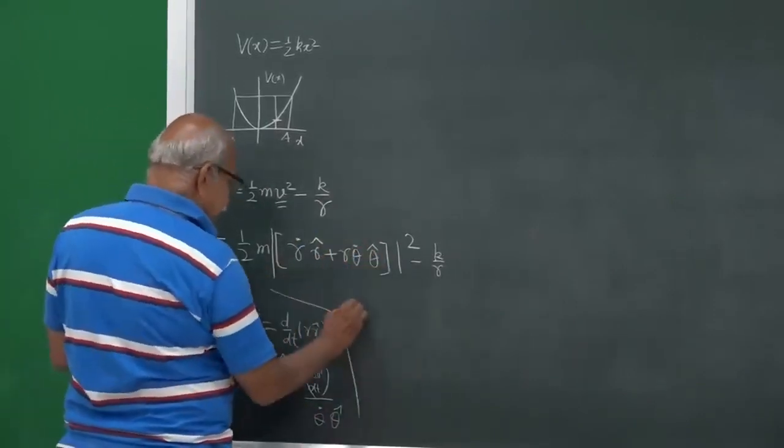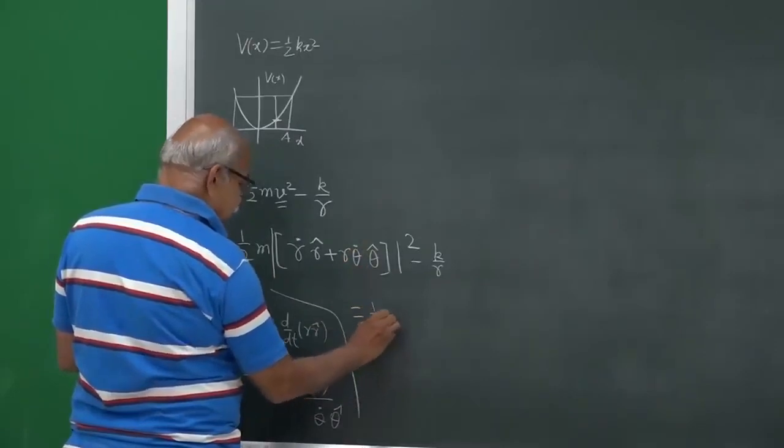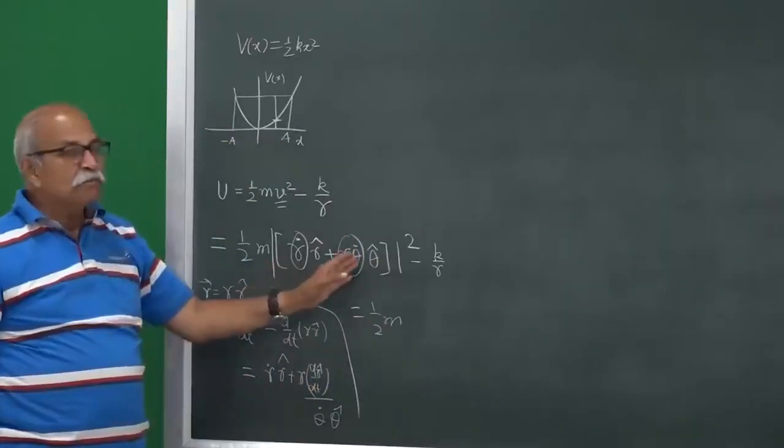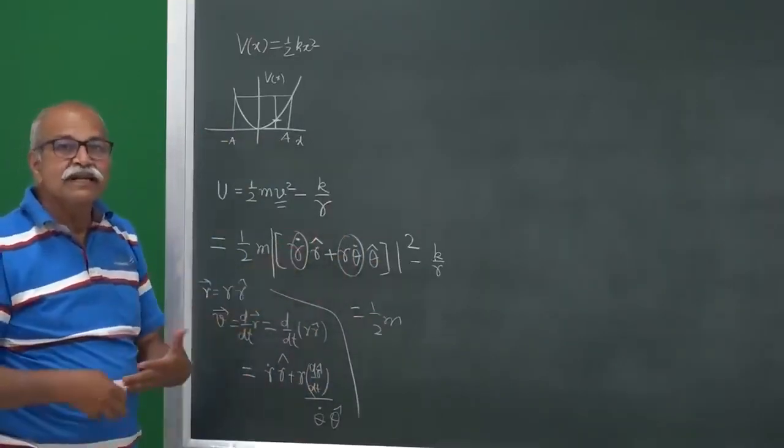This is half m times this component square plus this component square. They are components in perpendicular directions.